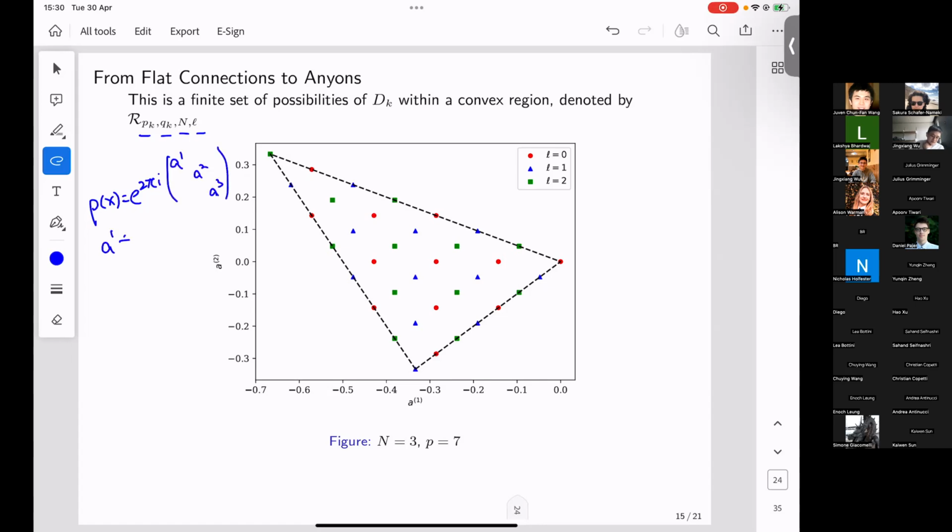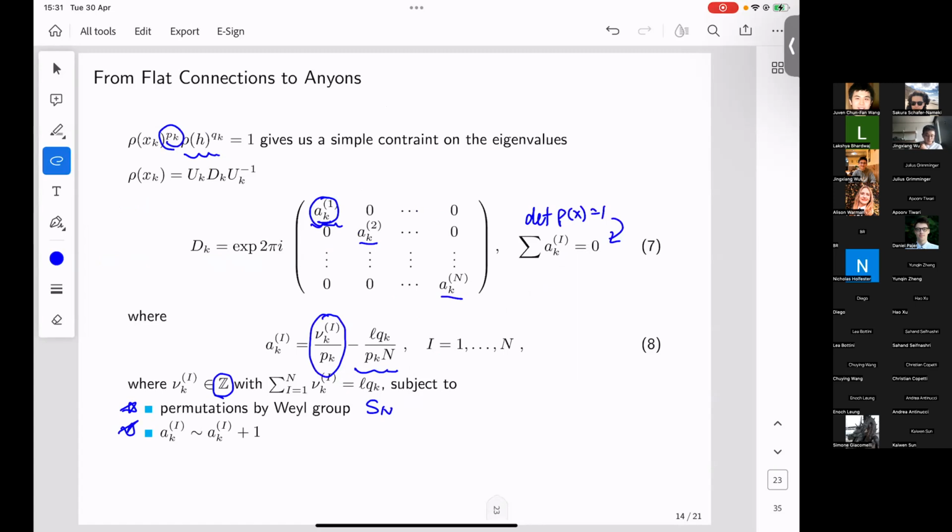Because the sum of them is 0, I'm just plotting A1 versus A2 here. It's discrete because it's a root of unity, and it's a compact region instead of an infinite region because of these two gauge choices I need to impose.